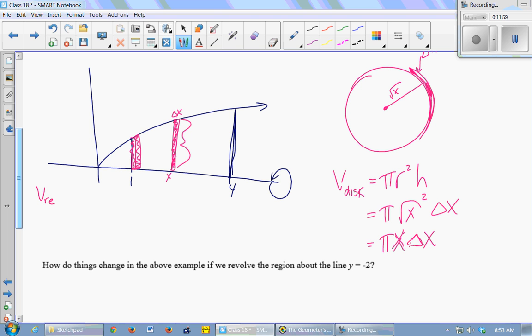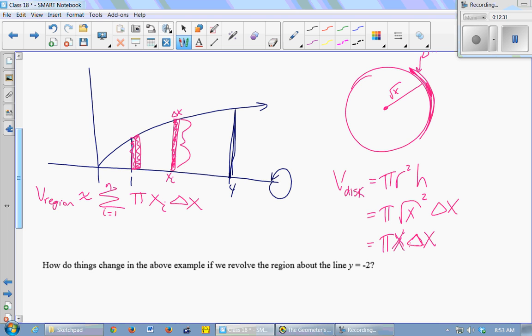So the volume of the whole region is going to be approximated by a sum of a whole bunch of disks, and each one is going to have volume pi x_i delta x, right? Because this is just an x sub i. And that's going to be i going from 1 to n. So I'll have x1, x2, x3, x4, x5 up until xn, breaking that up into n little rectangles.